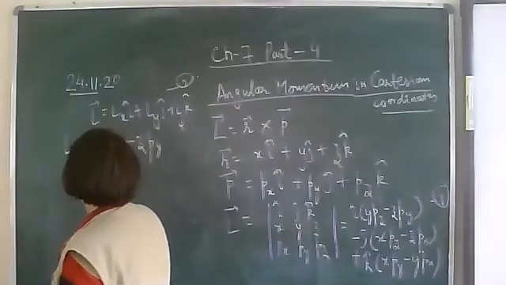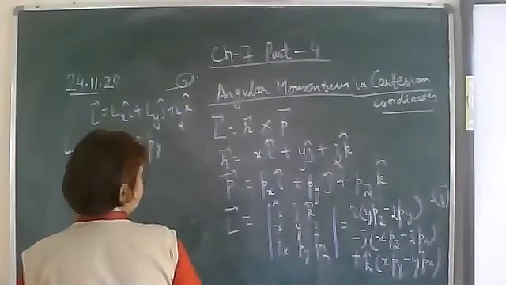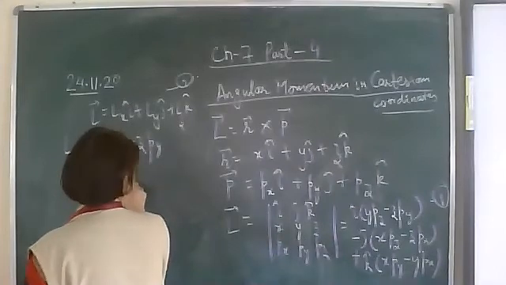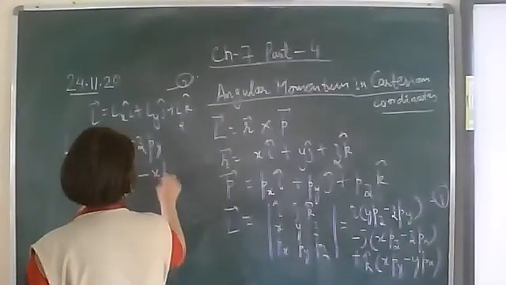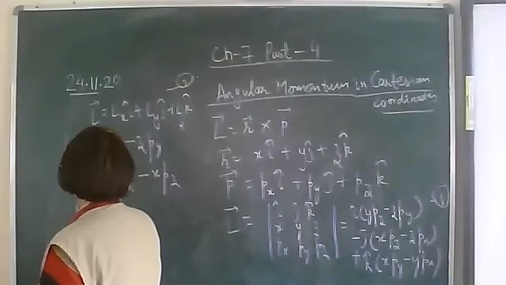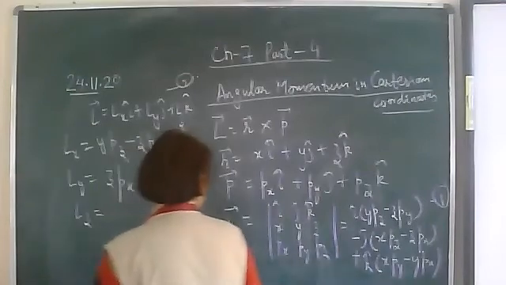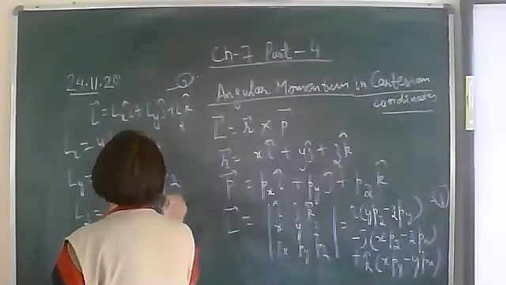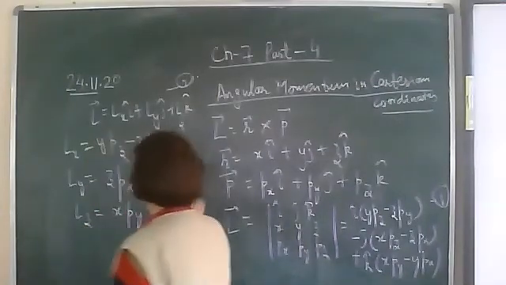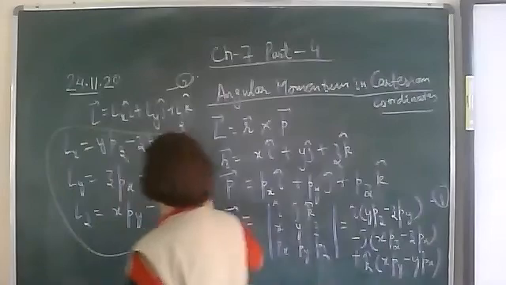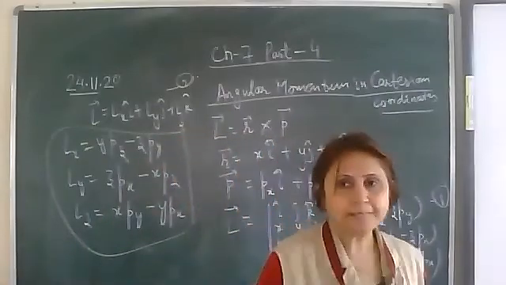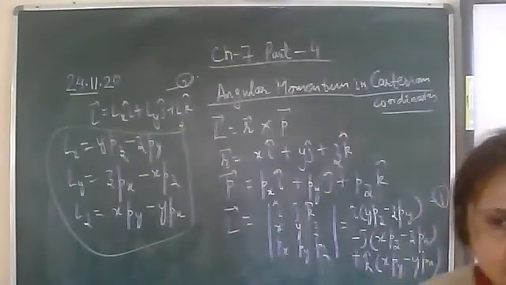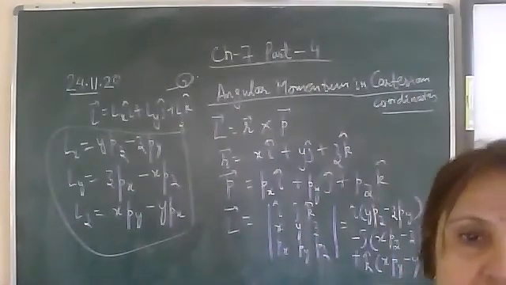The same way, the component of the angular momentum along y-axis is z px minus x pz. And the component of the angular momentum along z-axis is x py minus y px. So these are the components of the angular momentum and these are the expressions of the angular momentum in Cartesian coordinates. Hurry up, note it down.